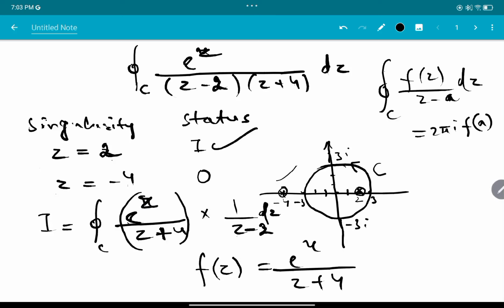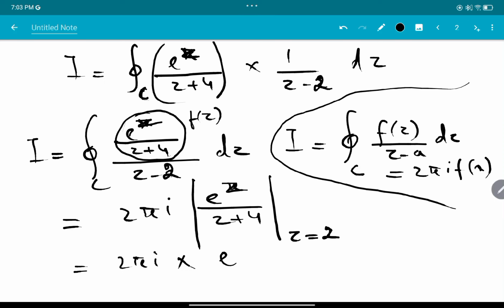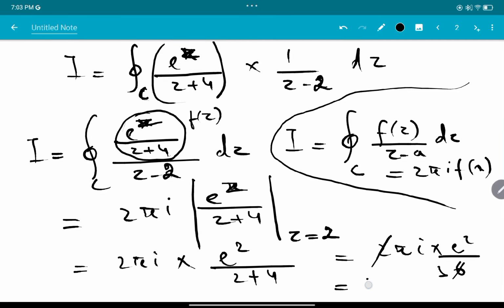Coming back, it is e raised to 2 divided by 2 plus 4, that is 2 pi i into e squared divided by 6. The 2 and 6 reduce, that is pi i by 3 e squared. This is the answer.